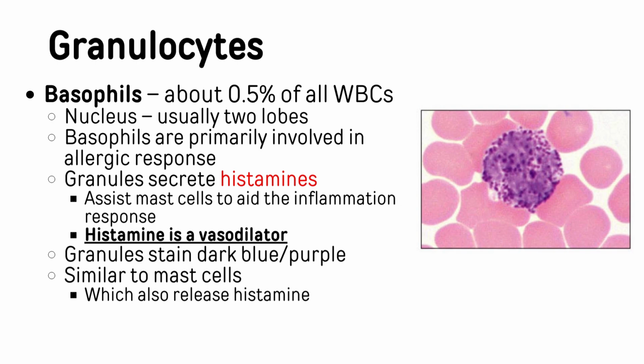Basophils are primarily involved in the allergy and allergic response. That's because histamine is a vasodilator, and so it can dilate blood vessels and help other blood components, including other white blood cells, get to an injury or site of infection. So again, their granules stain dark blue purple, and the granules of basophils do release histamine.